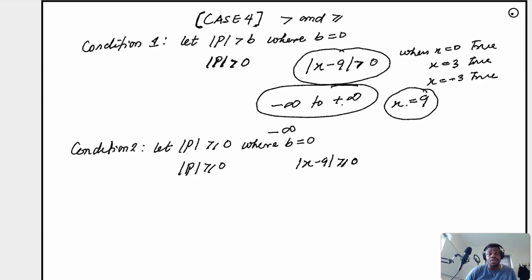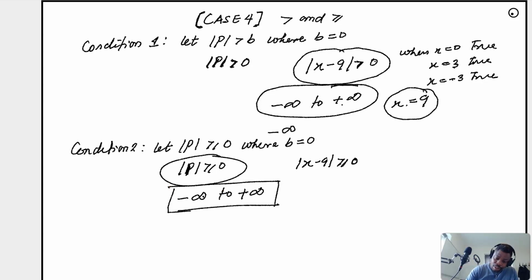That is for condition 2. So in this case, the solution will be all real numbers, and all real numbers simply means it's going to be between minus infinity and plus infinity.